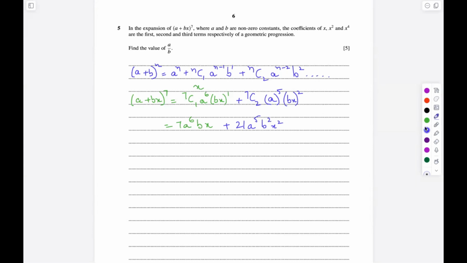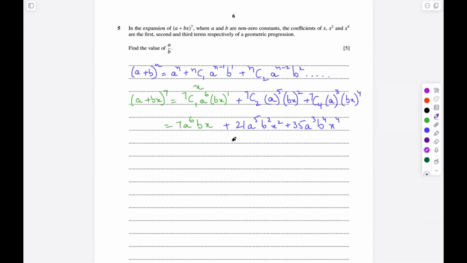And for the coefficient of x to the power 4, we can use 7C4. So that will become 7C4 a to the power 7 minus 4, which is 3, and (bx) to the power 4. 7C4 is 35. So that will be 35 a cubed b to the power 4 x to the power 4.